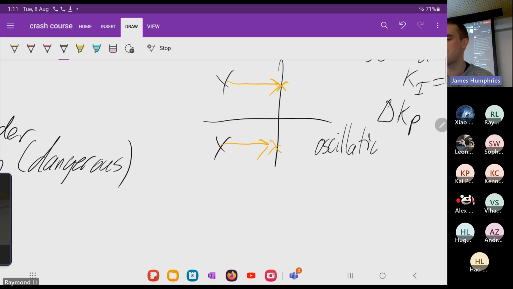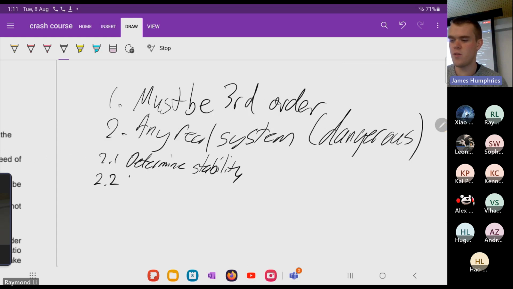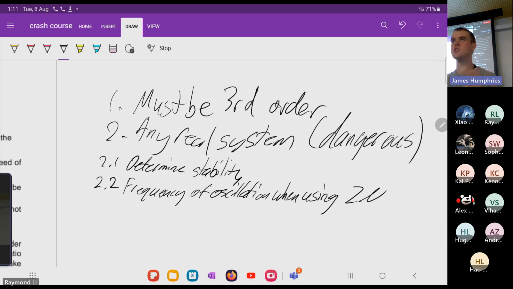We can know what the oscillation is by being on that critical point, so we can get the frequency of oscillation when using Ziegler-Nichols. What we just had as the question for the previous part is one of the answers here.